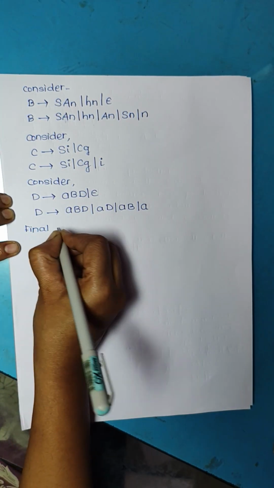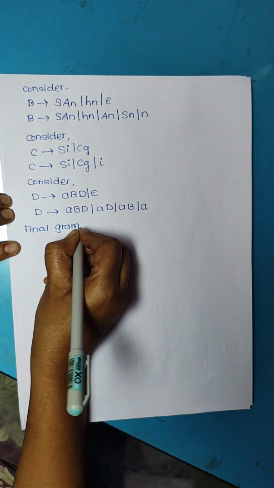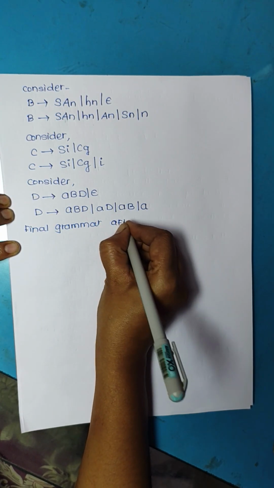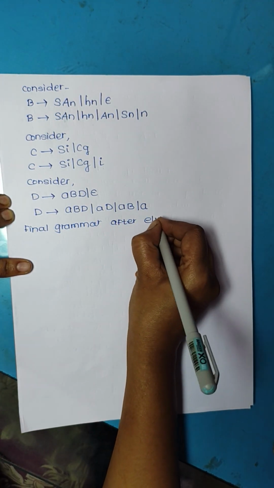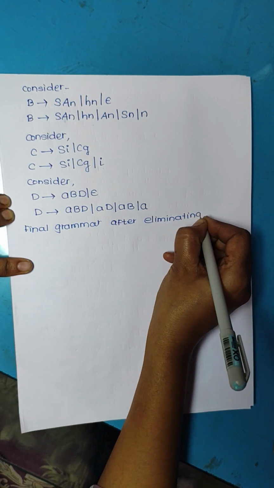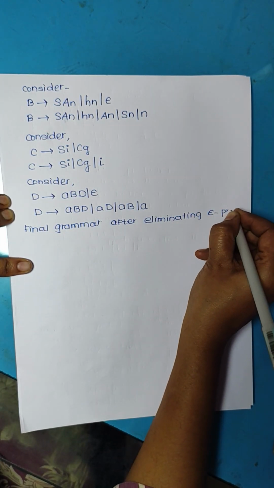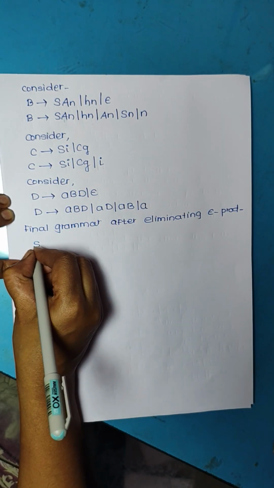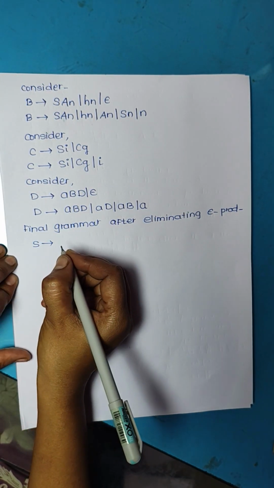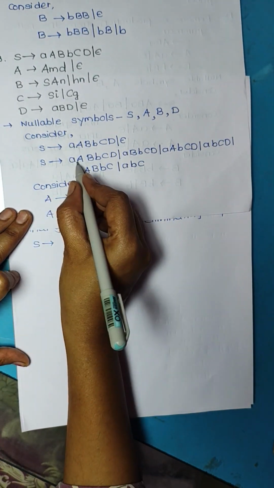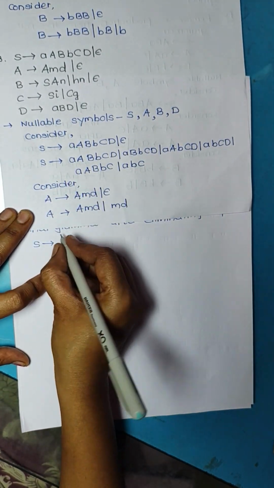So the final grammar after eliminating or removing epsilon production is as follows. First of all, we have to write the starting non-terminal, that is S. See here what will be the production after removing epsilon production.